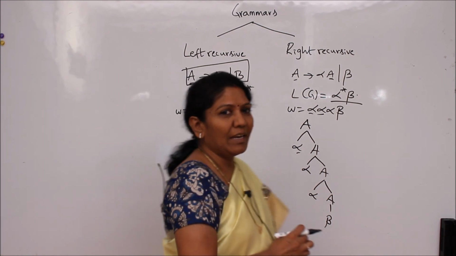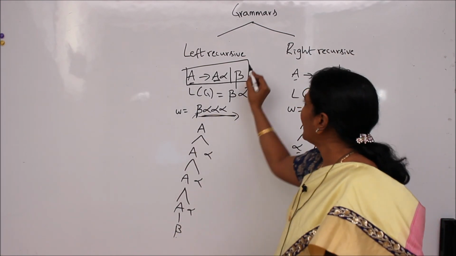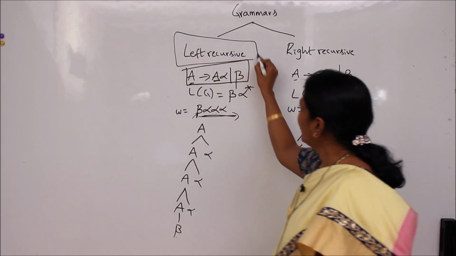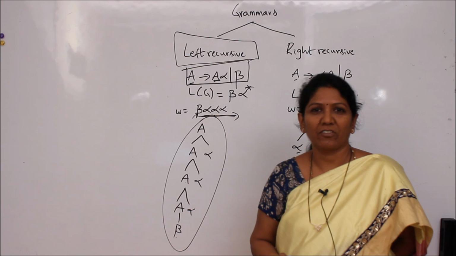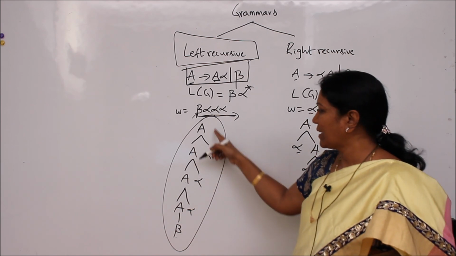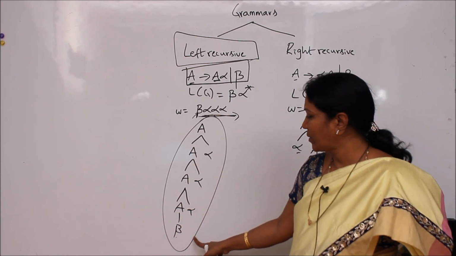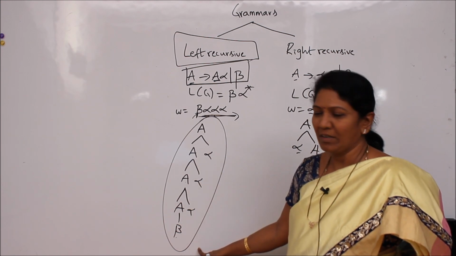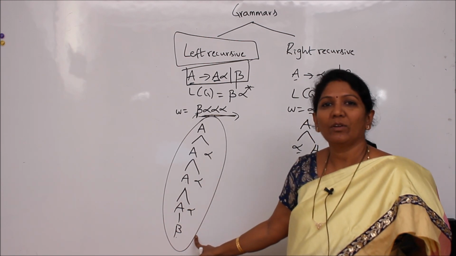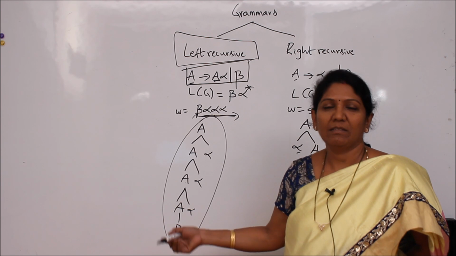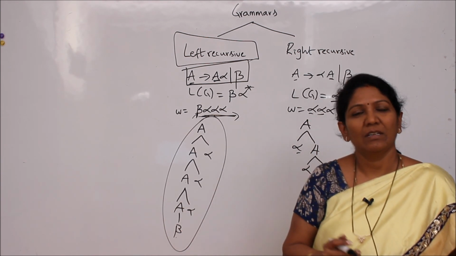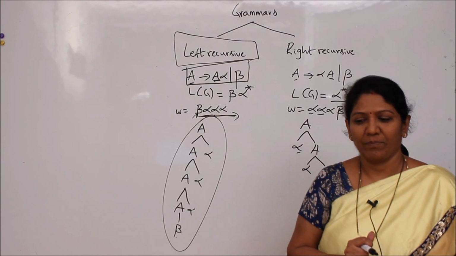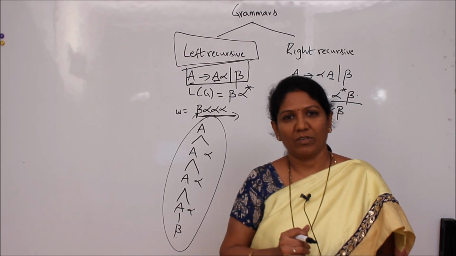So if you use a left recursive grammar for the construction of a parser, generally your top-down parser uses only leftmost derivation, and there is a danger of going into infinite loop. Since there is a danger of going into infinite loop if you use a left recursion, some parsers do not accept it. In that case, what is the solution?